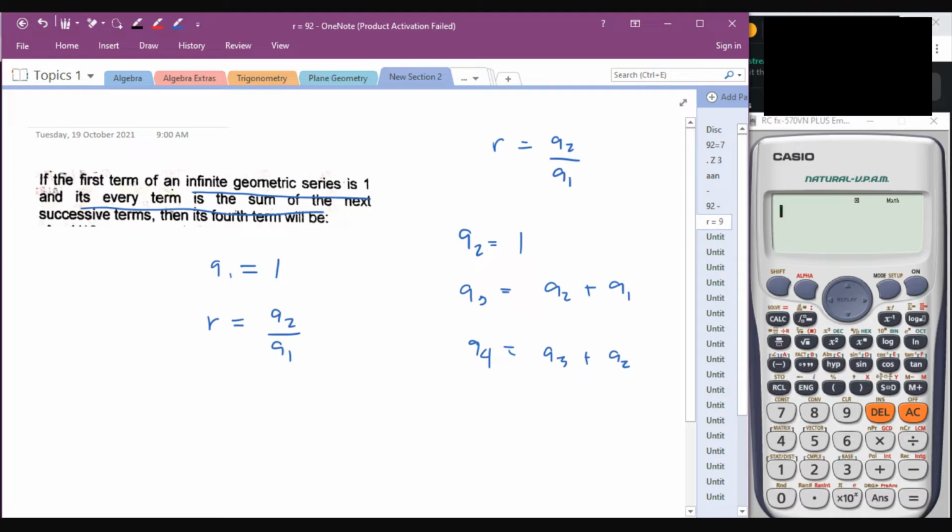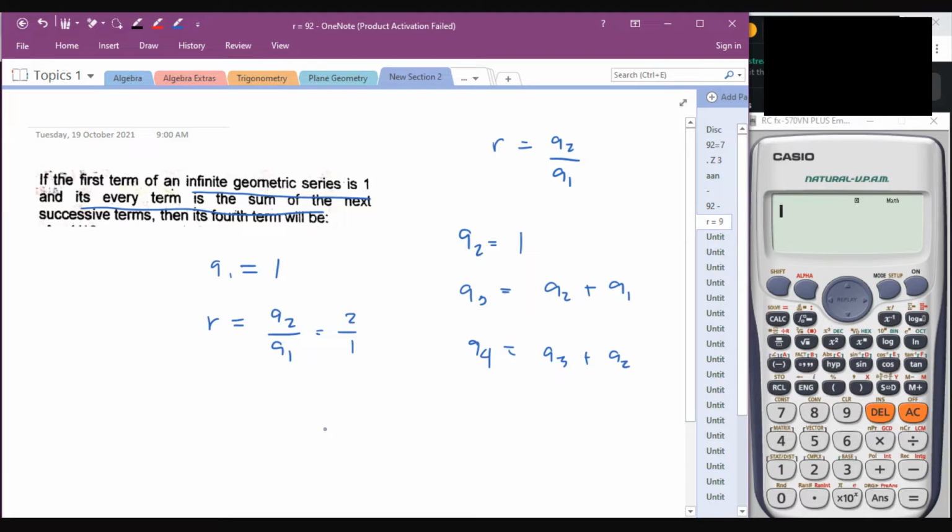And its every term is the sum of the next successive terms. So, A2 is 1 over 1. 1 pa rin.